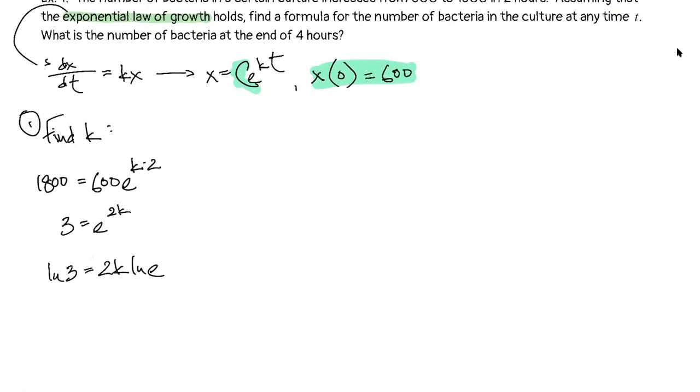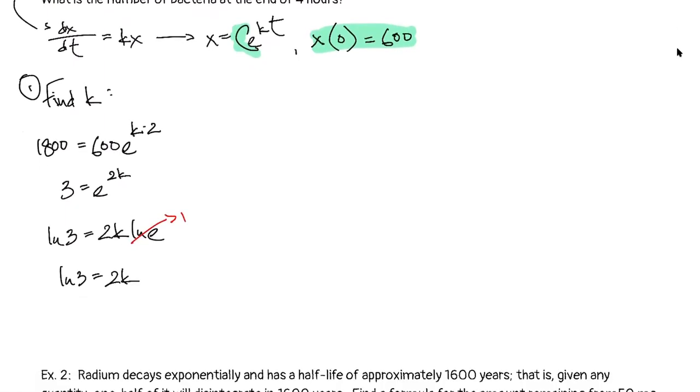And natural log of e goes to 1. So really I have natural log 3 equals 2k. And that means my k equals natural log of 3 over 2. So we found our k value.